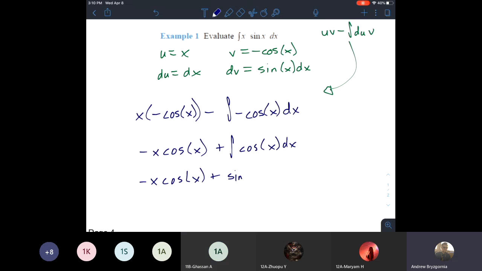Because it's plus sine x and then plus c. Nice. So what used to be an impossible integral for us to do, even with this new method, it turns out there's not a lot of work involved to solve it. It's just some different work.